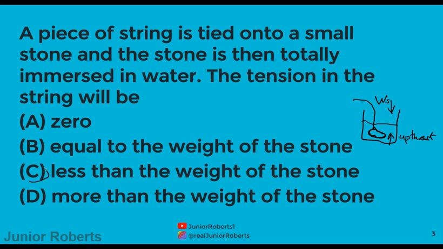So the answer here will be C. Because again, the tension T in the string, when it is in air, is equal to the weight of the stone. Now, when the stone is placed in the water, because of this upward force, the weight of the stone will appear to be less. So therefore, the tension will be less than the weight of the stone.